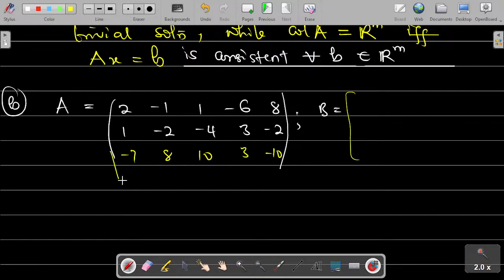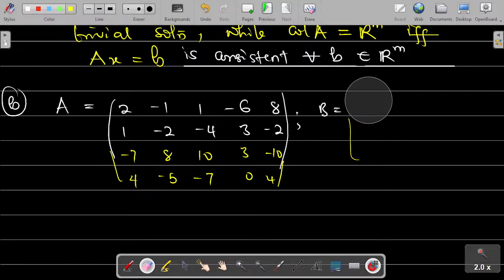So this one is now the one I removed, which is 4, minus 5, minus 7, 0 and 4. Okay, so here this one is actually 4 entries also.